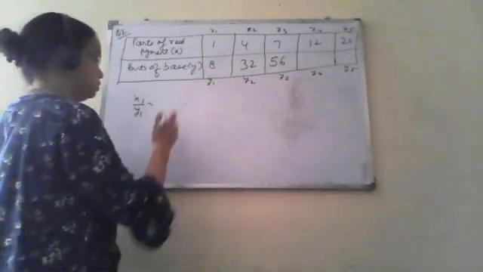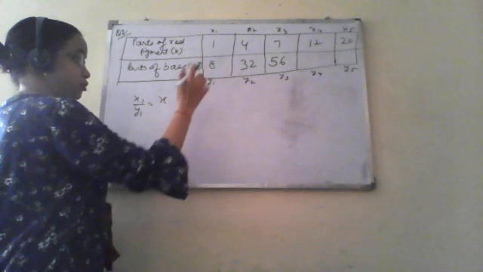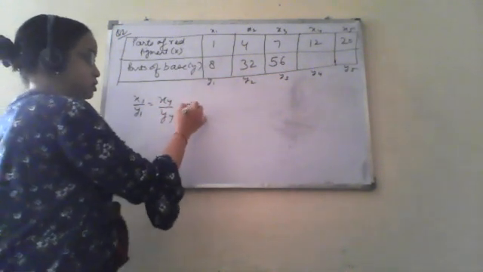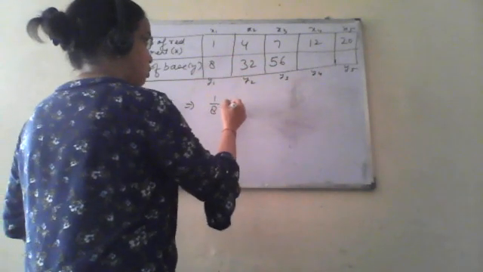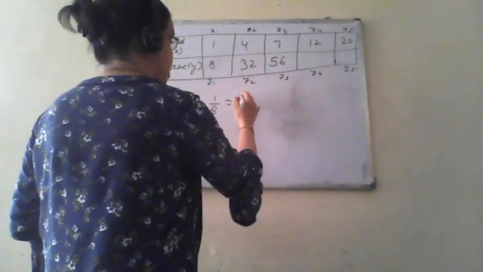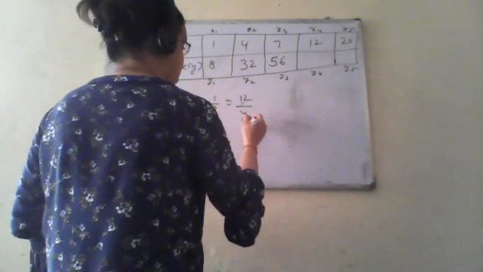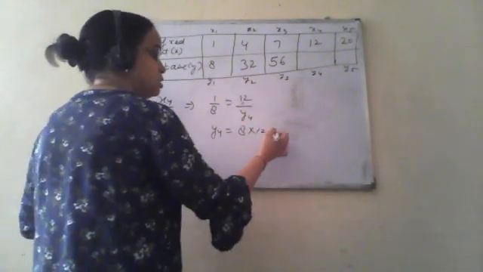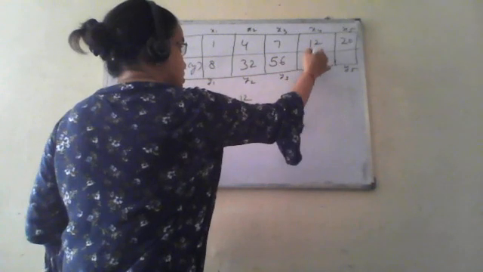Now for x4 we have x1 upon y1 equals x4 upon y4, that is 1 upon 8 equals 12 upon y4. So y4 will be equal to 8 into 12, that is 96.